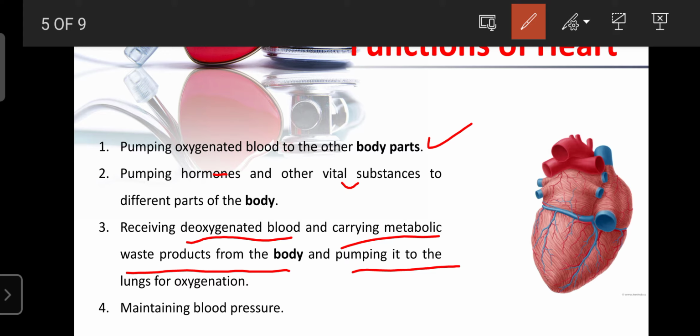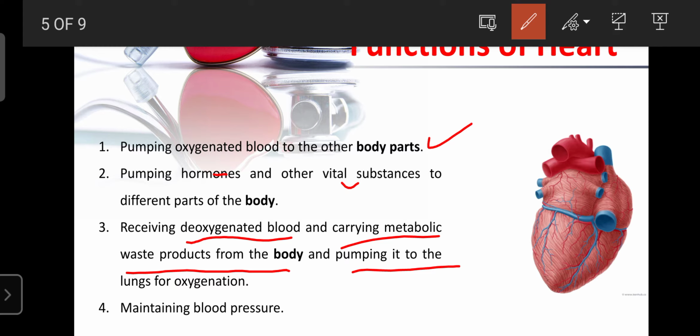So the heart also plays an important role in the drainage system, the removal of waste material and carbon dioxide, by supplying blood to the kidney for glomerular filtration and to the lungs for the oxygenation process. The heart also plays an important role in maintaining blood pressure.